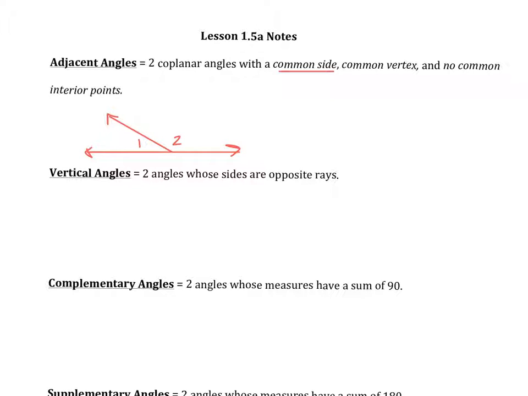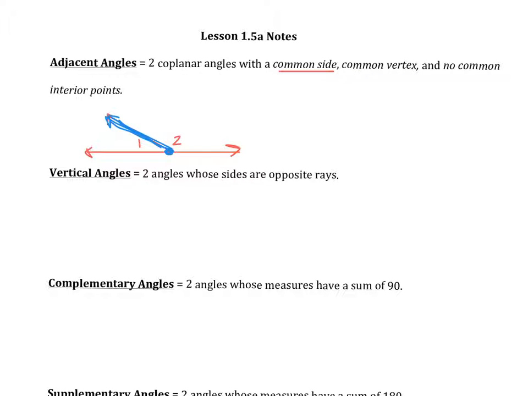If you look at the qualifications, they have a common side. The line in between them would be their common side. They share a side. They have a common vertex. This is their vertex. And no common interior point, so there's no overlap of the two angles other than the side and the vertex. Okay?